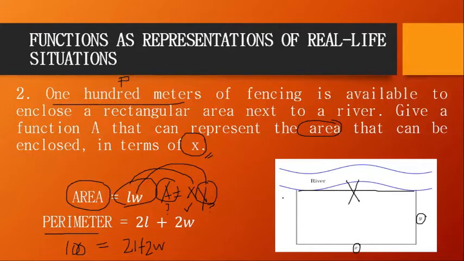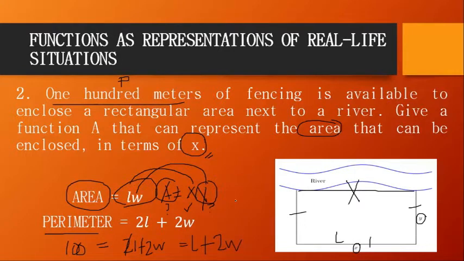Just like what I said earlier, only these three, the one on the right and the one at the bottom, use the 100 meters. So, definitely, if x is our length, the 2 here will disappear. Okay? It will just be length. Plus our width, which is still two. So it will be 2 width. Okay?